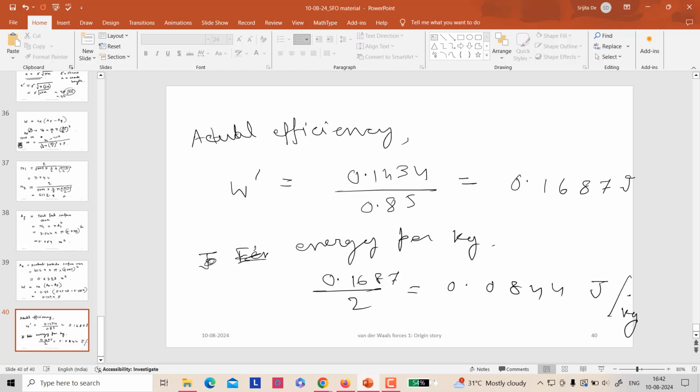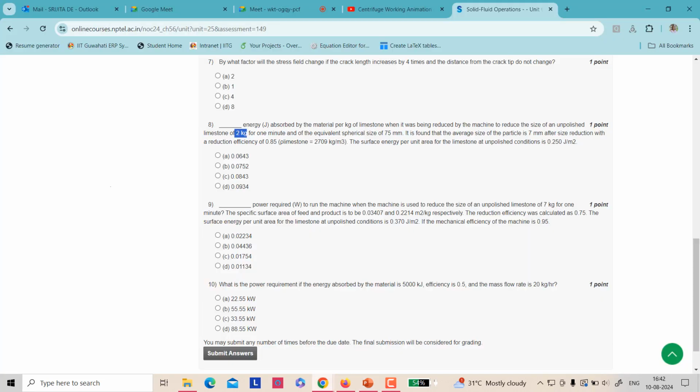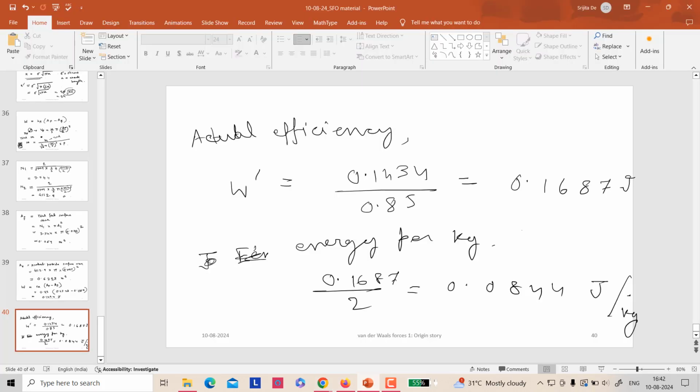So the answer will be this one, C. Did you get it? Yes, ma'am. So this way you have to calculate the size reduction problem.